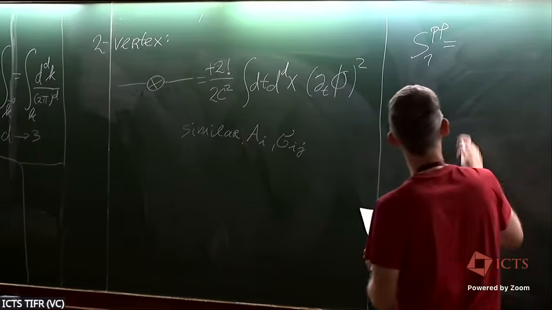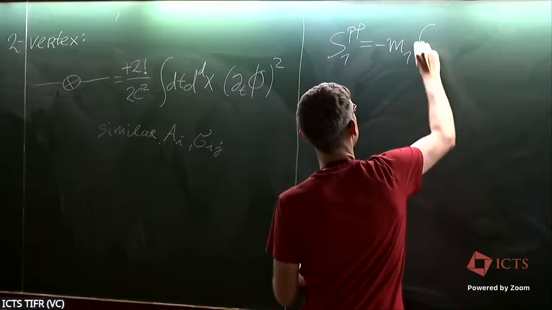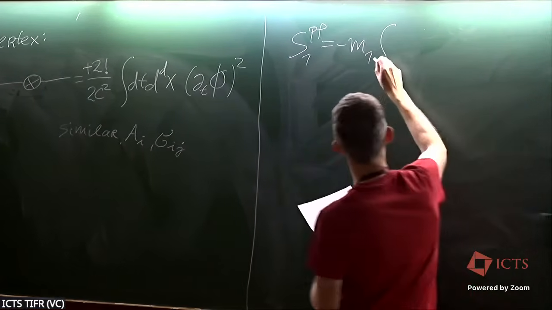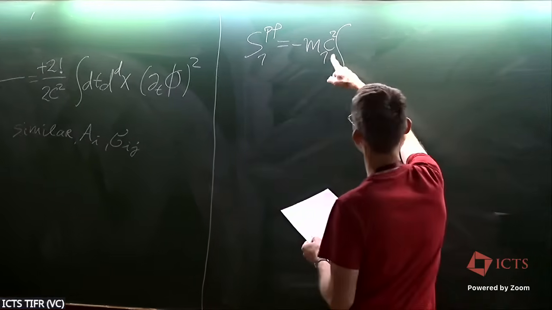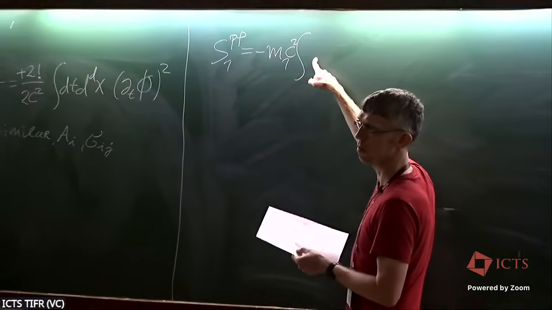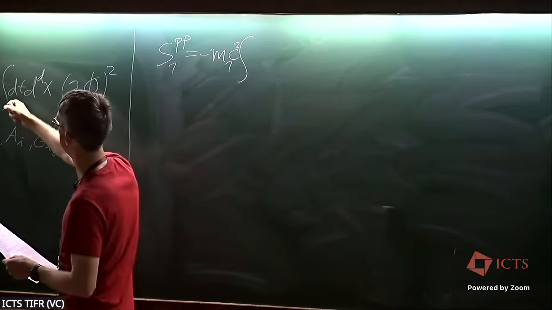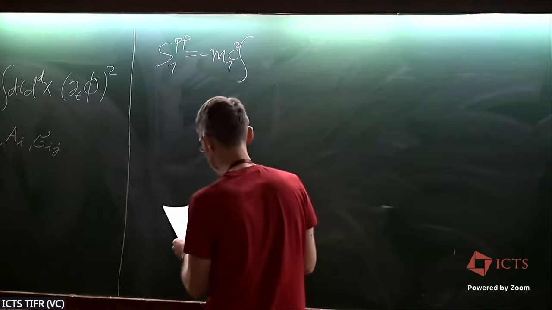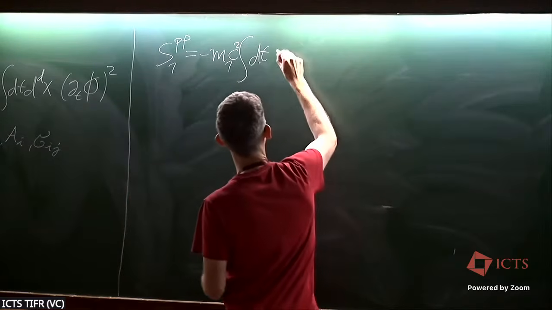So, the point particle action, well, it was defined as m1, the mass, times c square, times an integral over the proper time. Now, everywhere basically we have the coordinate time appearing. So what we need to do is write this in terms of the coordinate time.